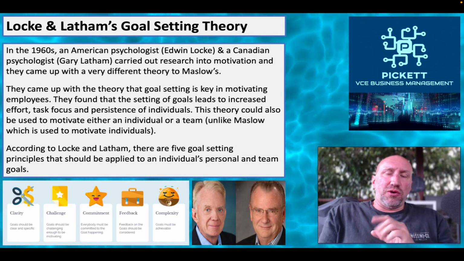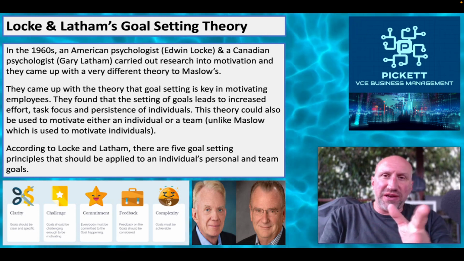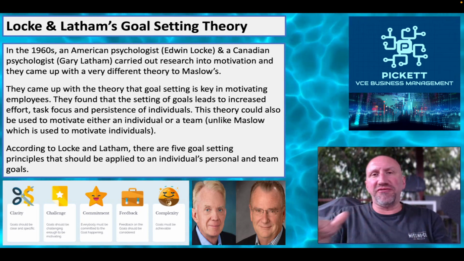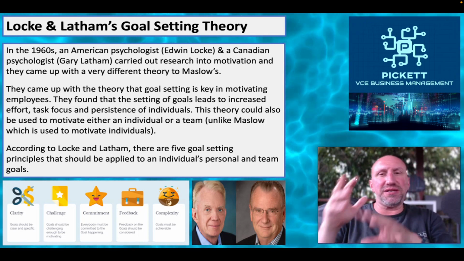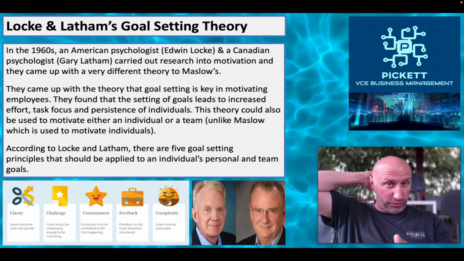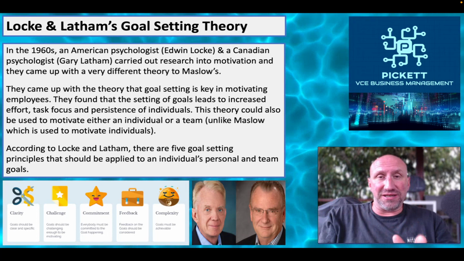Now, according to Locke and Latham, again through this process of extensive research, they've identified that it's not the fulfilling of needs that motivates people. It's achieving goals. So they said there are 5 goal setting principles that need to be applied to an individual's personal and team goals.